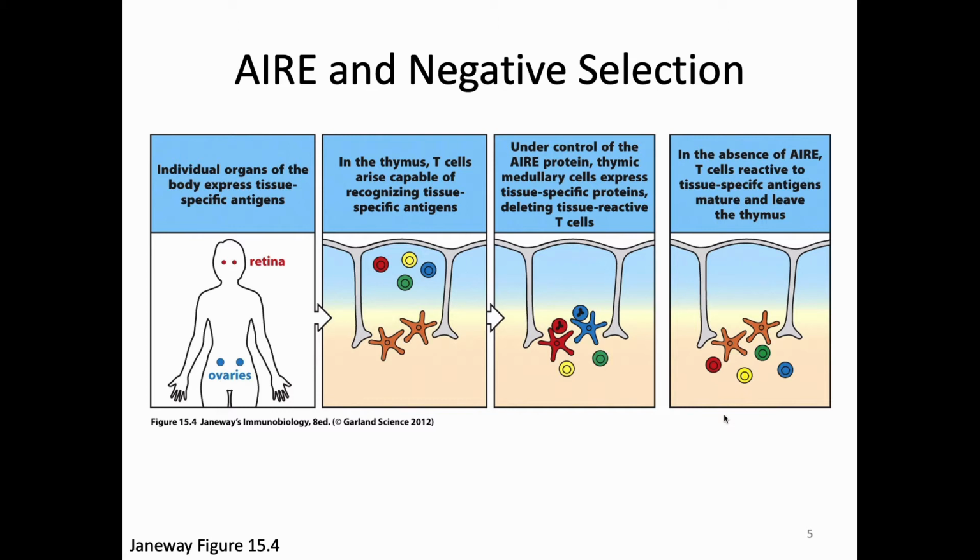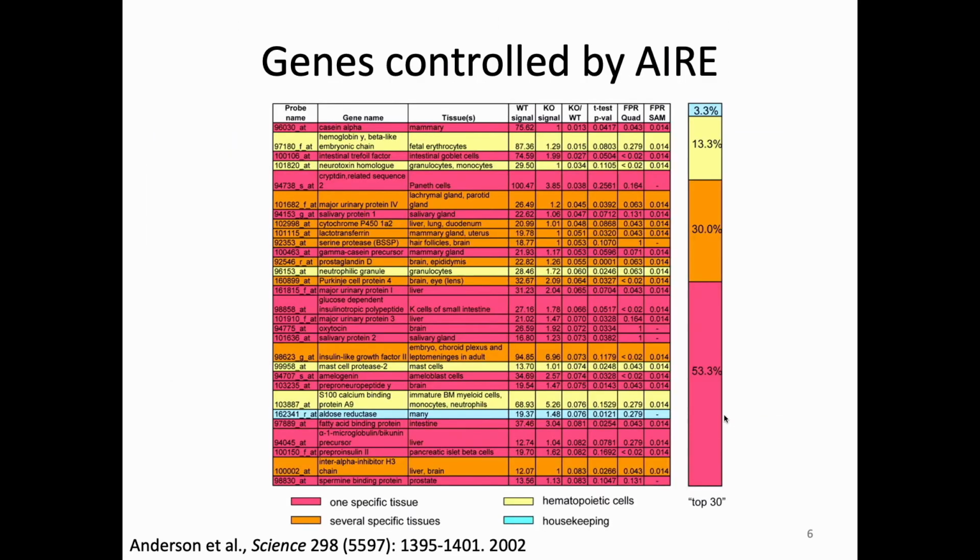This was first described actually in two different sets of experiments, in both mice that were missing AIRE and in some patients. And so this is some data looking at some of the genes that get transcribed in the thymus in the absence of AIRE.